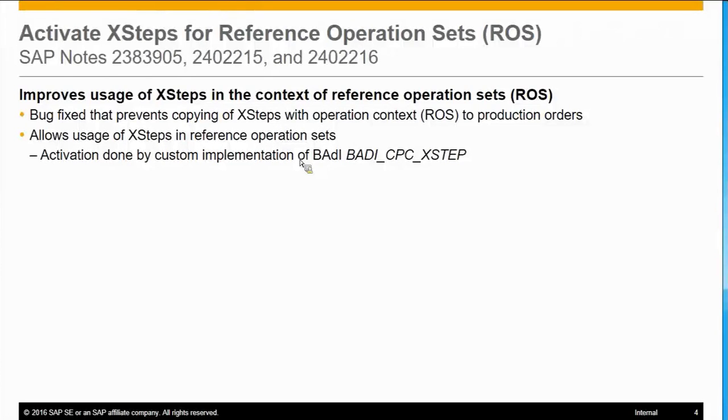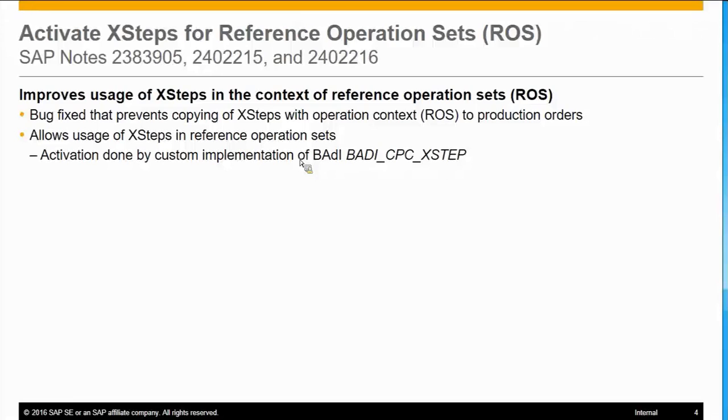And we introduced a new business add-in, a BAdI. This BAdI is CPC XStep, and we wrapped the functionality that is part of the XStep adoption for reference operations in these BAdI methods, and provide a SAMS implementation that prevents that the XStep functionality is active for reference operation sets in standard. This is also to ensure that nobody who does not want to use the XSteps for reference operation sets is forced to do so.